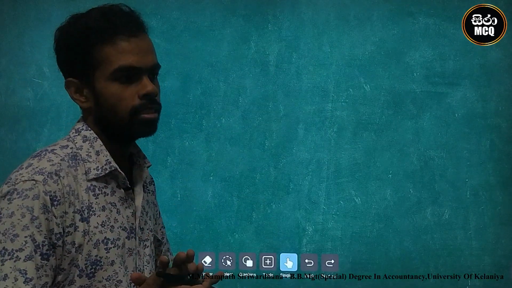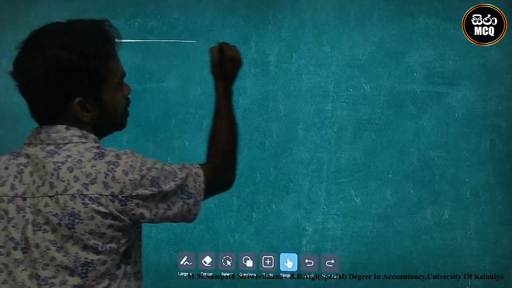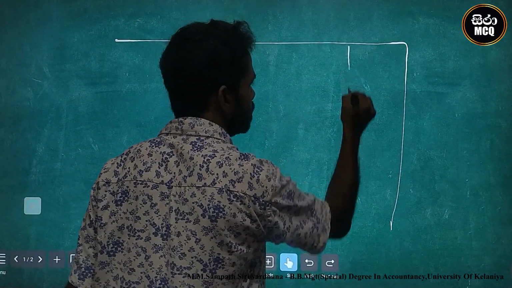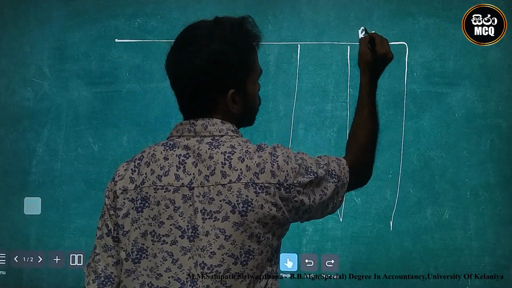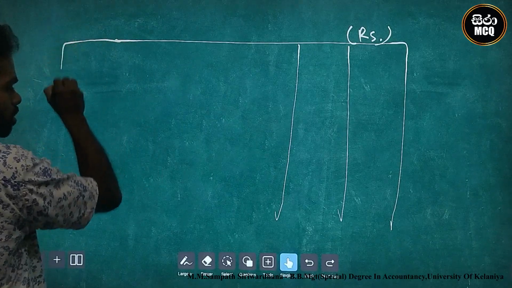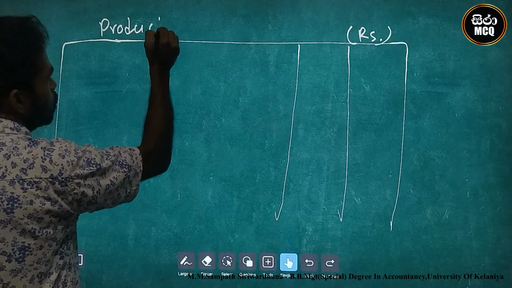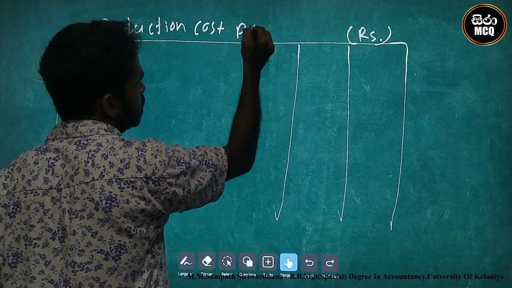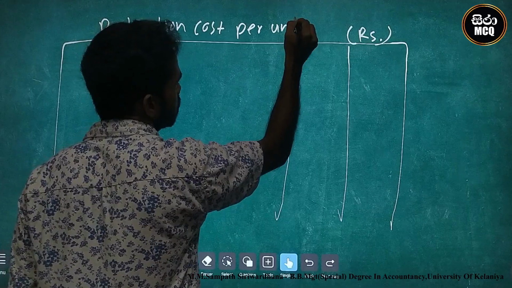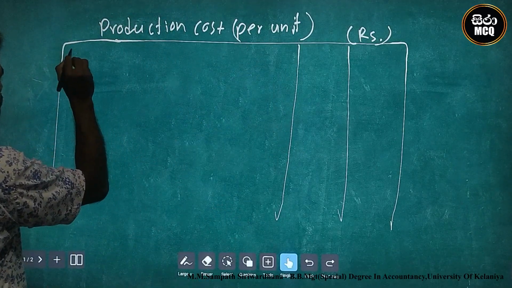We can schedule the production cost calculation. There is a production cost statement, in rupees: production cost per unit. How can we calculate?